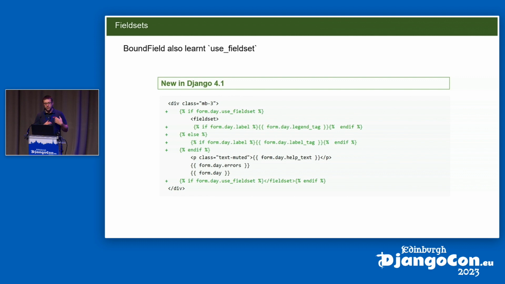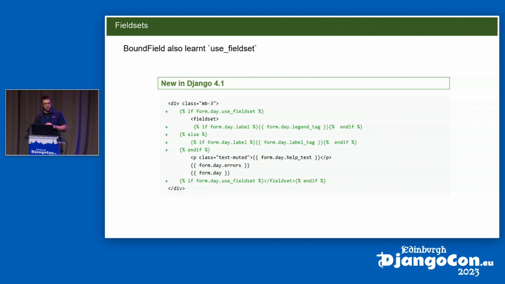So if you need to use the fieldset, then render it with a fieldset and a legend tag. Otherwise, we can just use the traditional label tag. All of the default widgets that come with Django itself have this setting set where required, but maybe if you've got a custom widget, you may need to review that attribute on your widget to make sure people can make use of that in their forms.